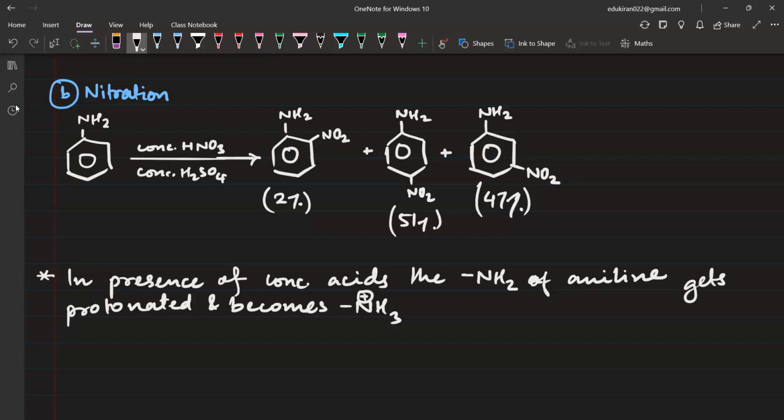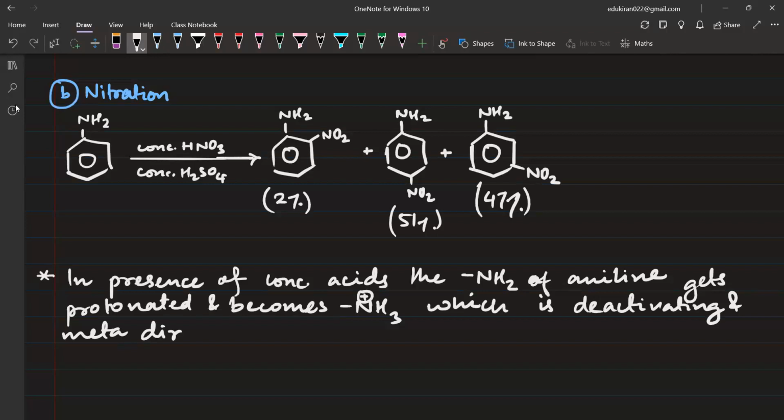ठीक है, NH3 positive, which is, now since we are having positive charge, it will pull electron density, making it deactivating and meta directing group. ठीक है, meta directing group.